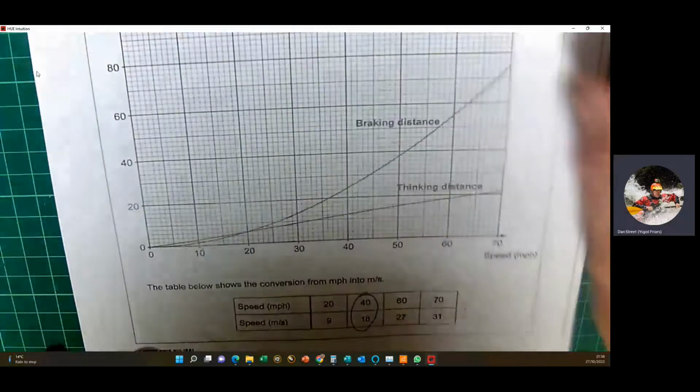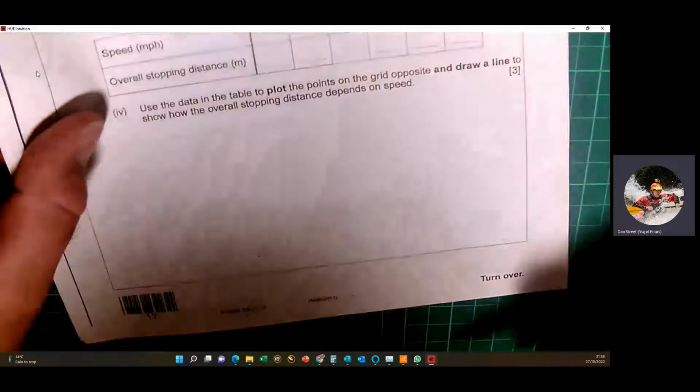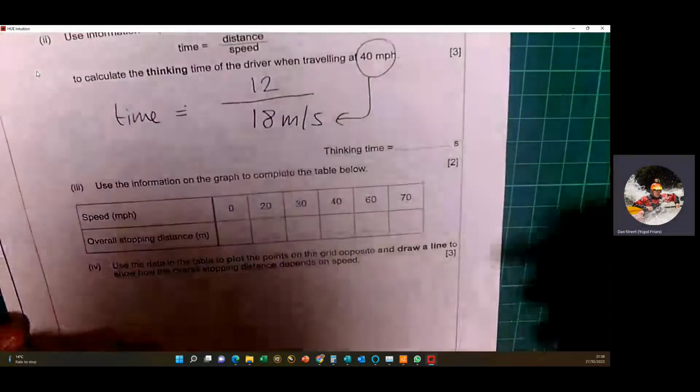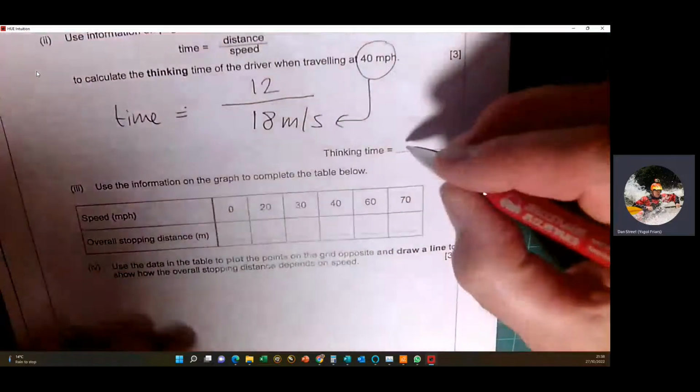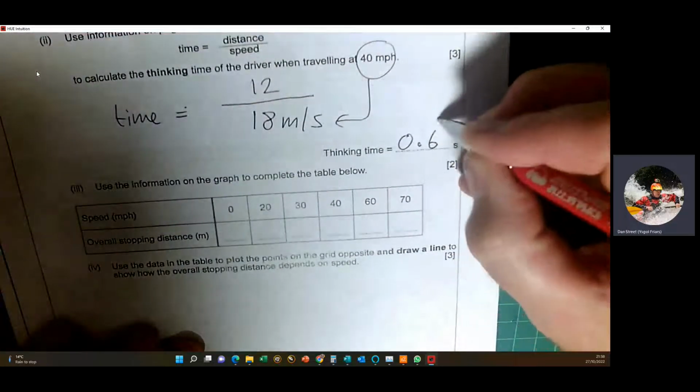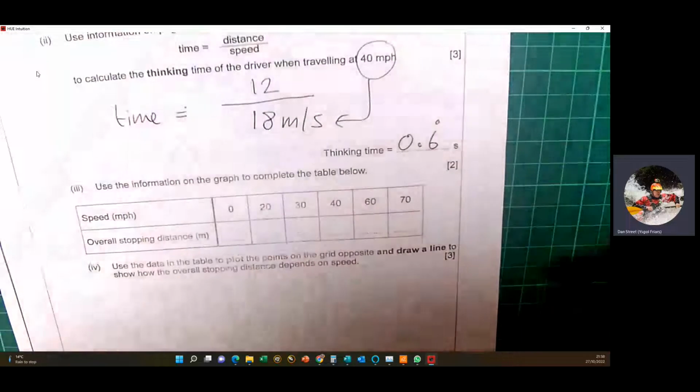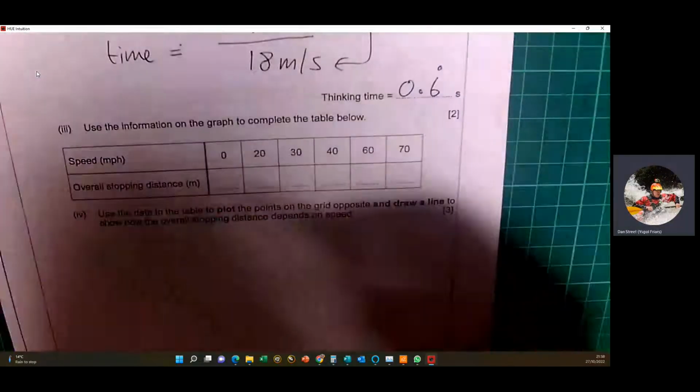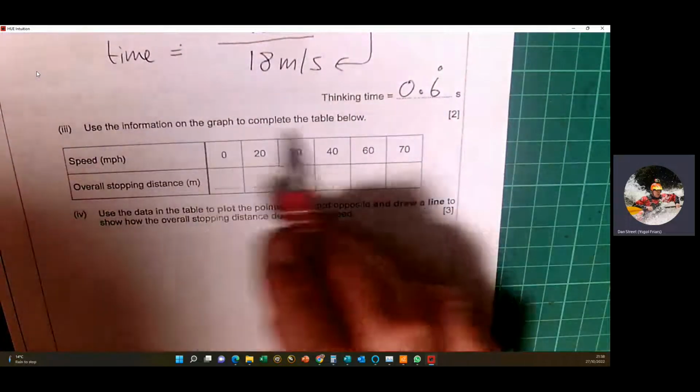So at 40 miles an hour, if we go up to the thinking time graph, then we can see that that's 10 meters and a tiny square, that's 12 meters. So 12 over 18, if you put that into your calculator, you'll discover that it's 0.6 recurring seconds.